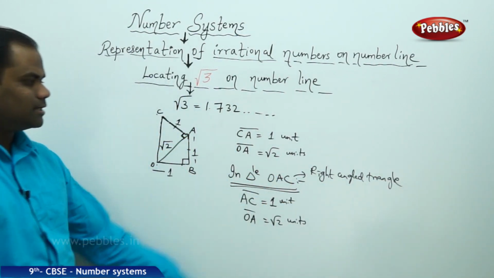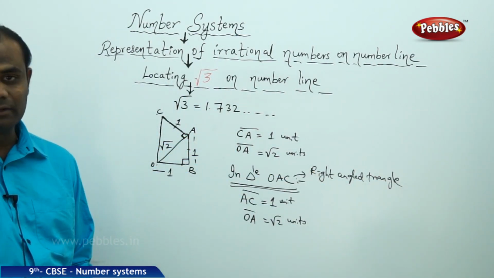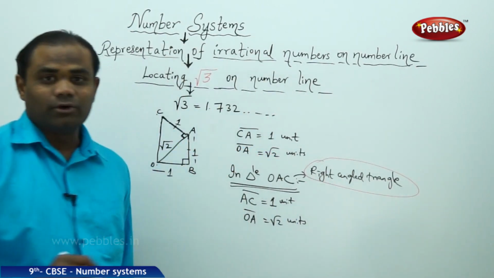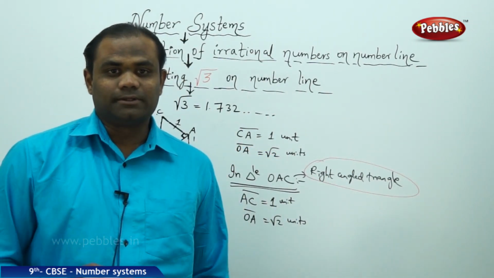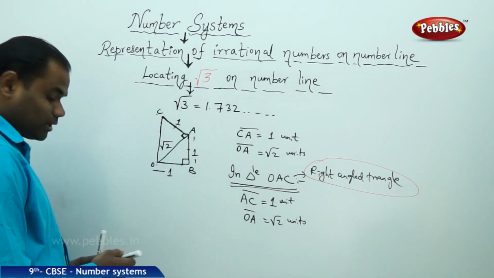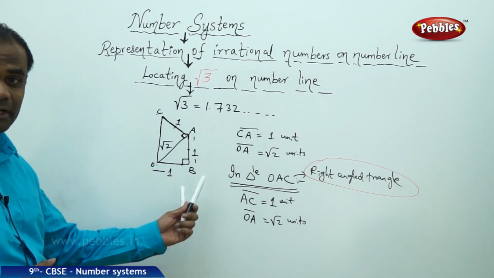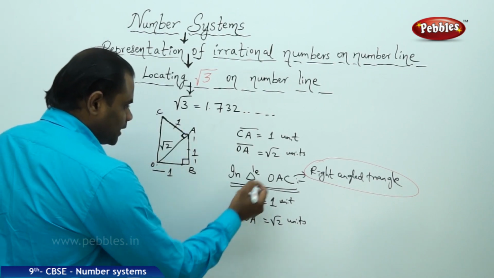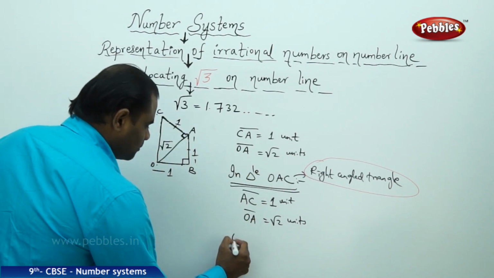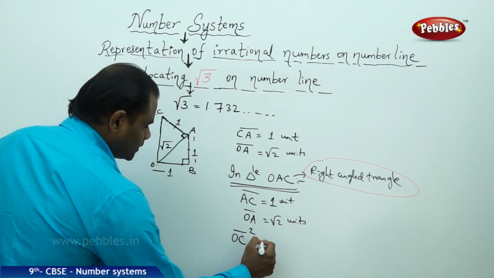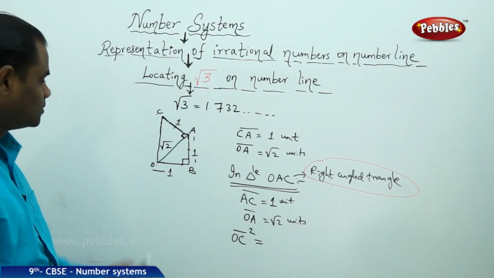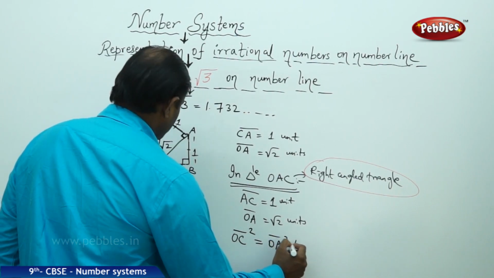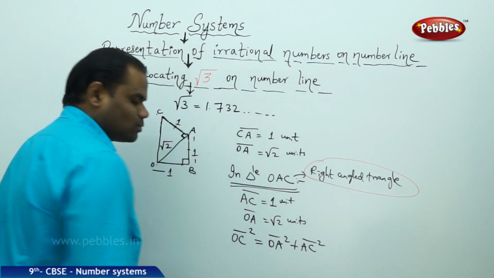Triangle OAC is a right angled triangle, and therefore we are going to focus on the Pythagoras theorem. Let's see what happens with Pythagoras theorem applied here. We know that in right angled triangle OAC, the hypotenuse OC square is the sum of squares of the other two sides, that is OA square plus AC square.